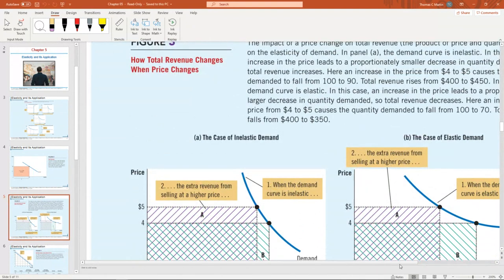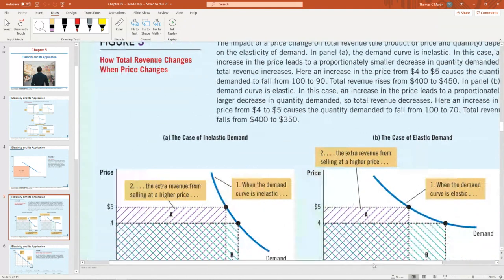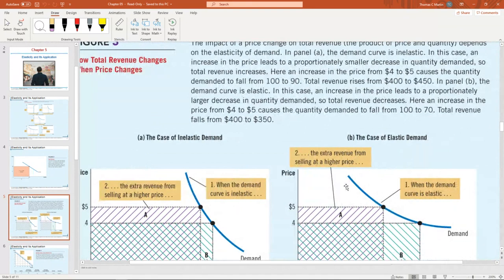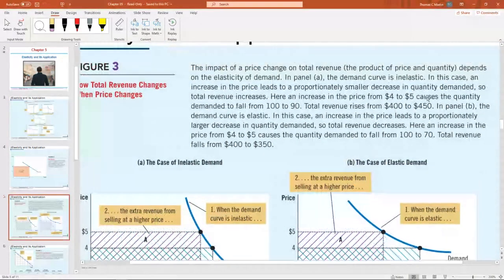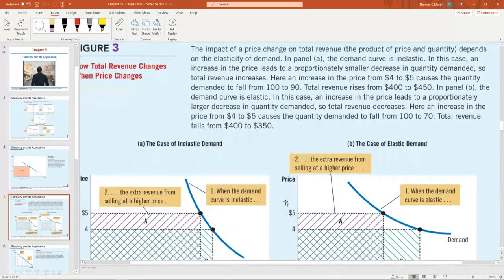And they show us up here where it goes step by step what we're looking at. So in this case, we see a decrease in quantity and an increase in price on this inelastic curve.